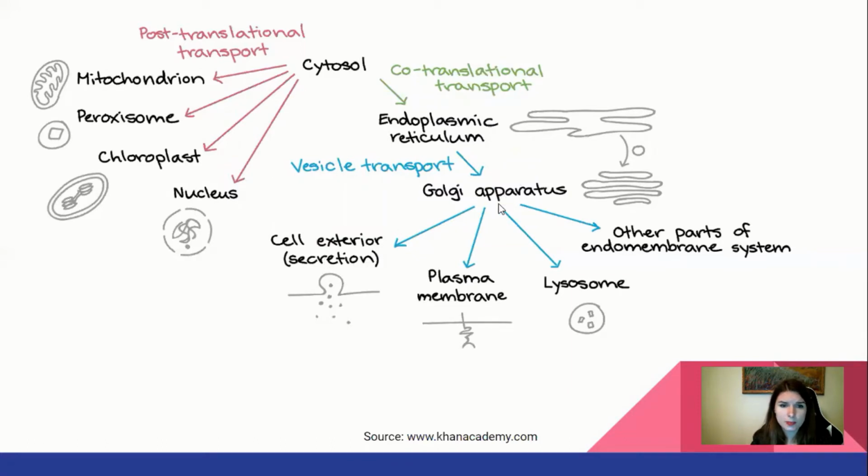Or we could be making proteins that are perhaps transport proteins, part of the plasma membrane itself, so the Golgi could send them to the plasma membrane to get embedded in it. We could send them to other parts of the endomembrane system, so basically anywhere with a membrane. Or we could leave these proteins in a bag, at which point we'd call it a lysosome, which is another specialized organelle. It's specialized for digestion.